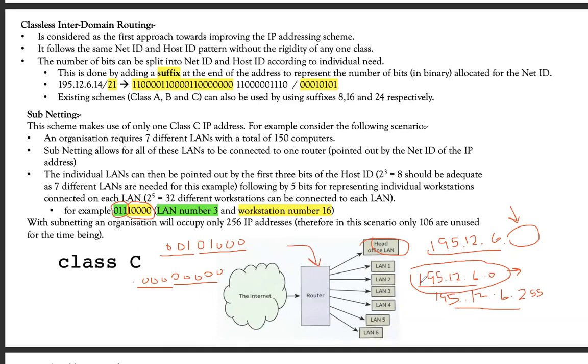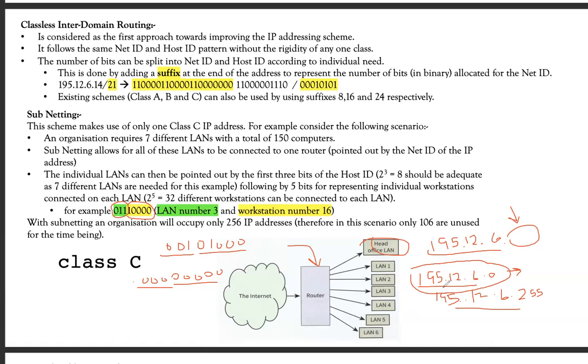There is no other network on the entire public internet that has the network ID 195.12.6. This is yours. This is the net ID that you purchased. There is no other way that that packet will reach any other network because this net ID belongs only to you.